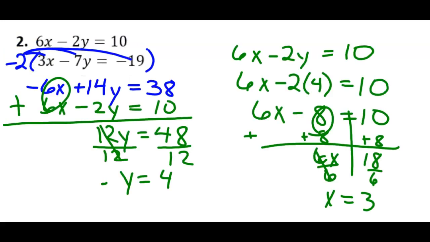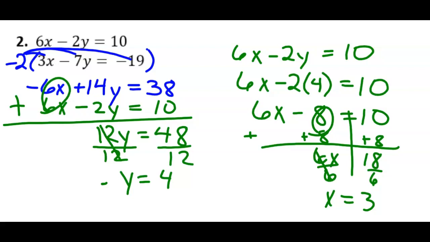Sometimes it's just easier, like this, I wouldn't be able to get rid of those by just multiplying one of the equations. I would have to multiply this by 7 and this by 2. Right? To get rid of y's. And it's just easier. Less math, less to screw up. Make it easy on yourself.